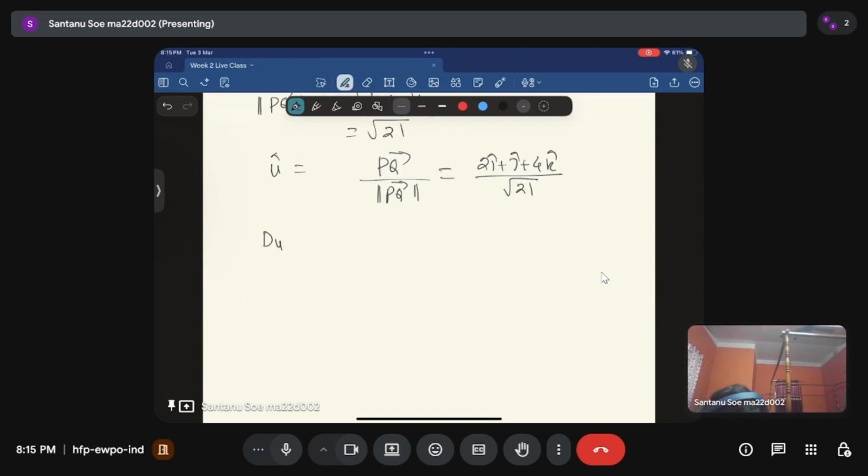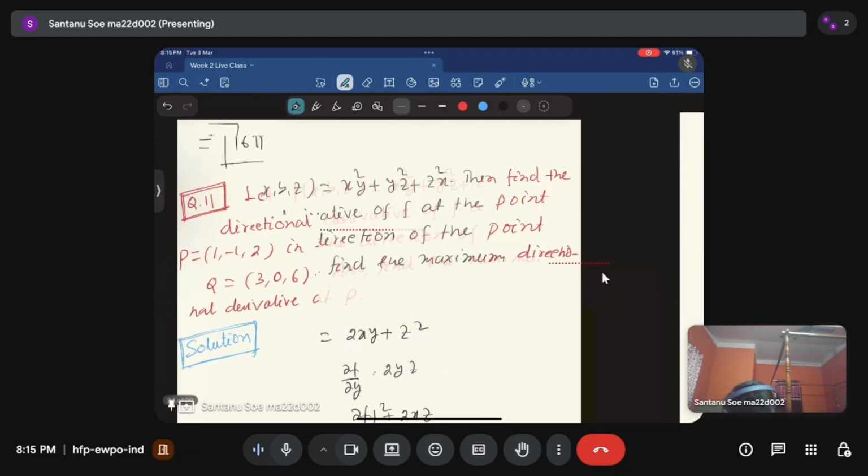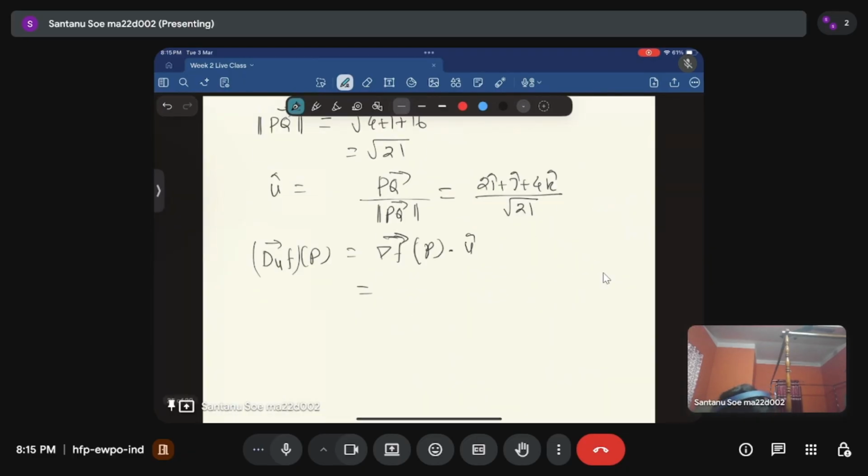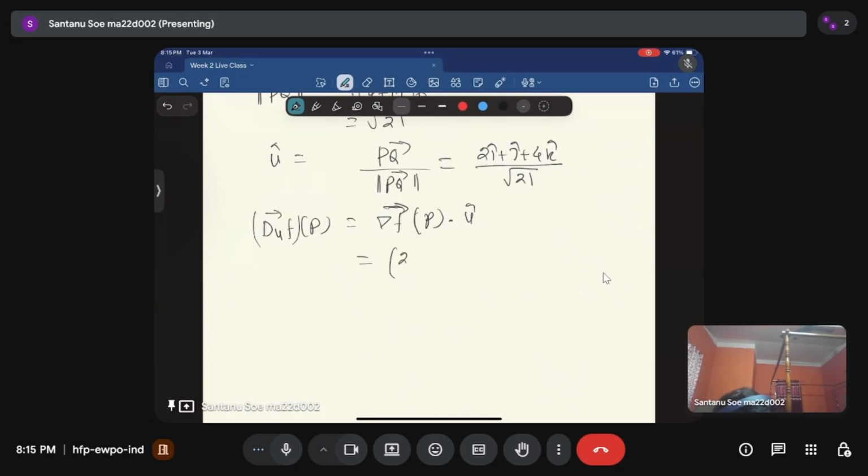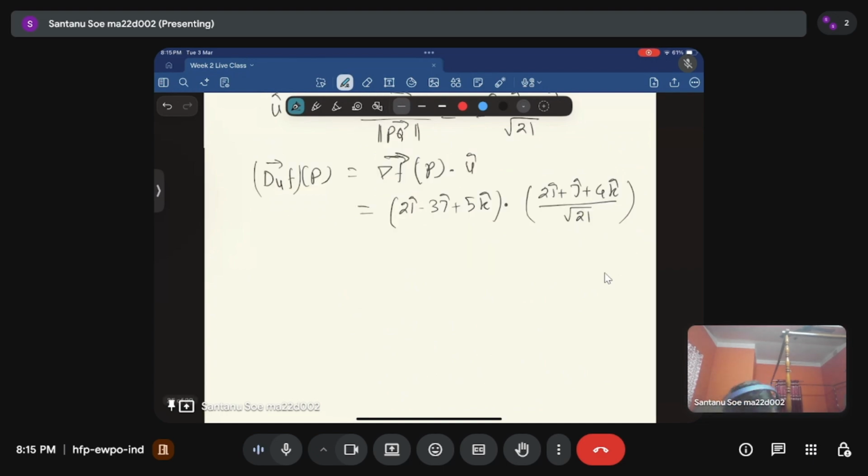So now our directional derivative of f at the point P is just gradient of f at P dot u cap, right? And the gradient of f at P is 2i minus 3j plus 5k dot 2i plus j plus 4k divided by square root of 21.